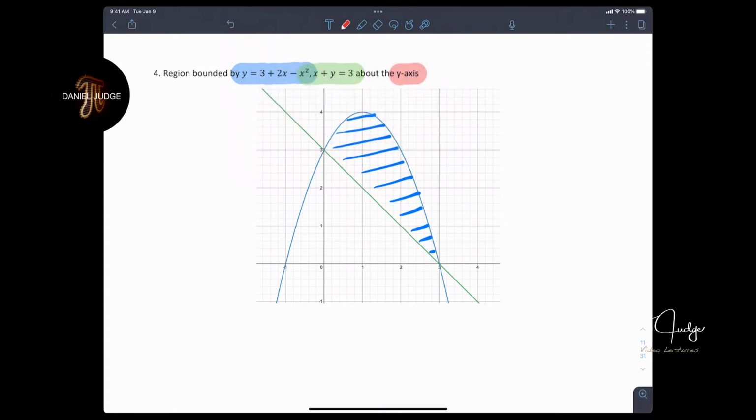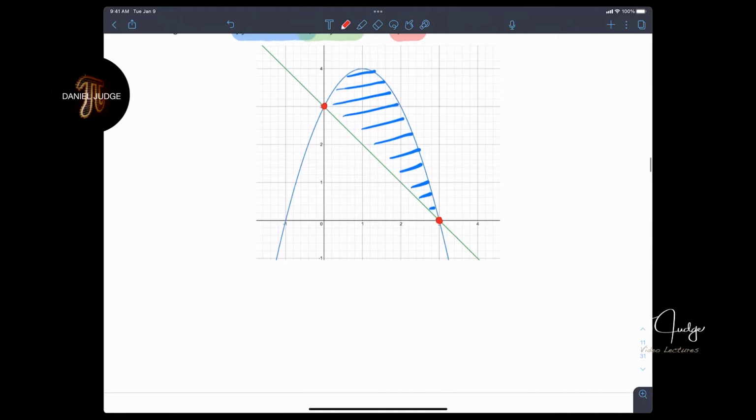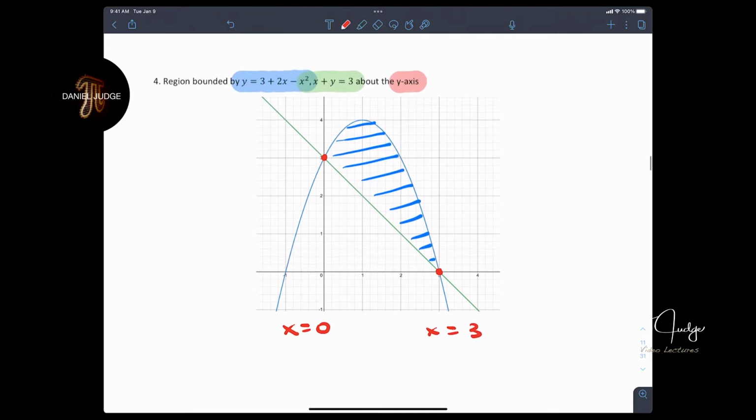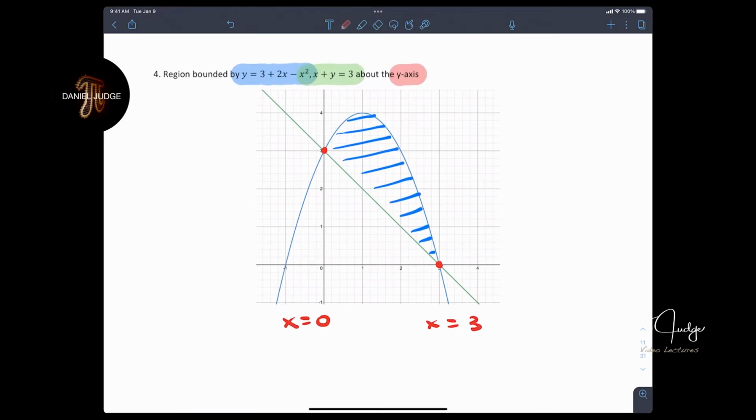And again, you can see here, just by the geometry, that you go through this line, x is 0, x is 3. And you have, again, the approximating rectangle in this picture.